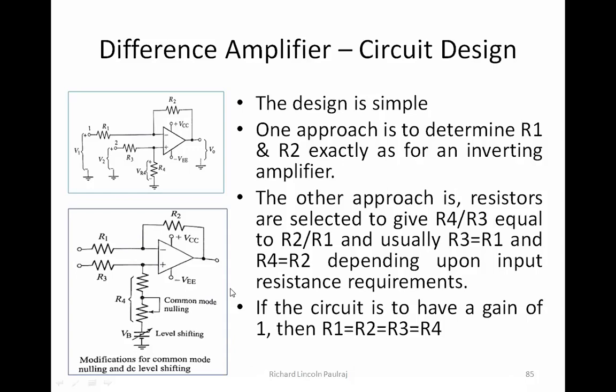We are looking at this combination of resistor ratios R4 and R3. If we can make R4 by R3 and R2 by R1 the same, then we can have a proper design. So resistors are selected to give the ratio R4 by R3 equal to R2 by R1, and usually R3 is equal to R1 and R4 is equal to R2.